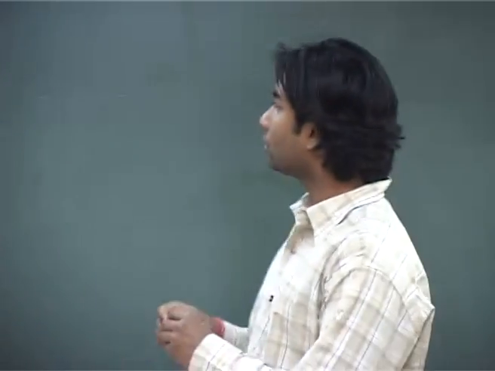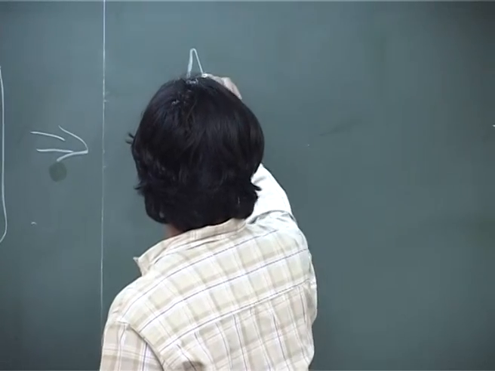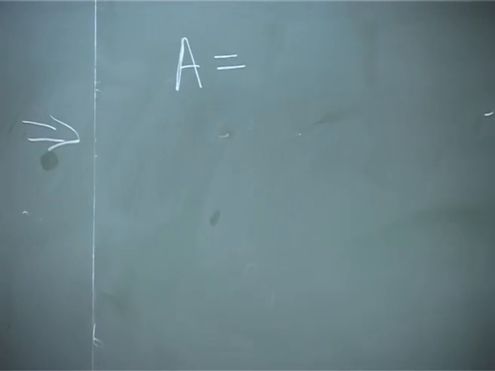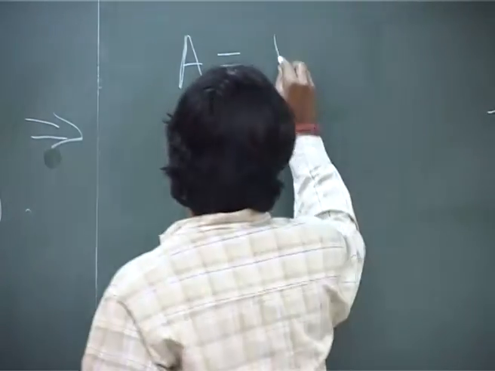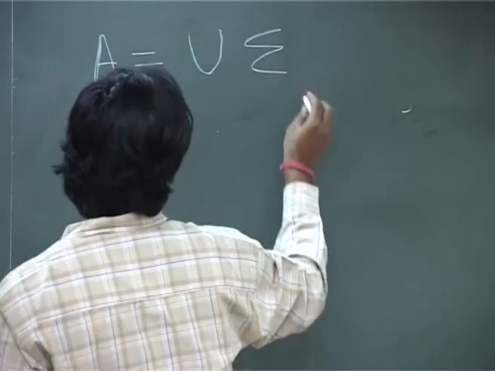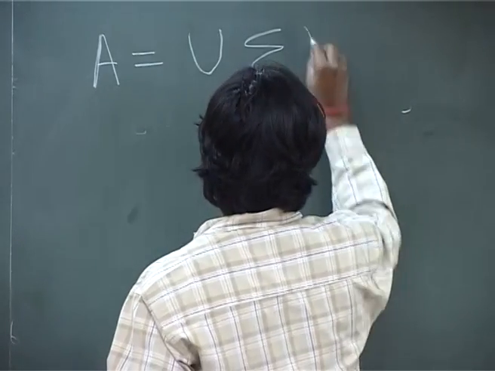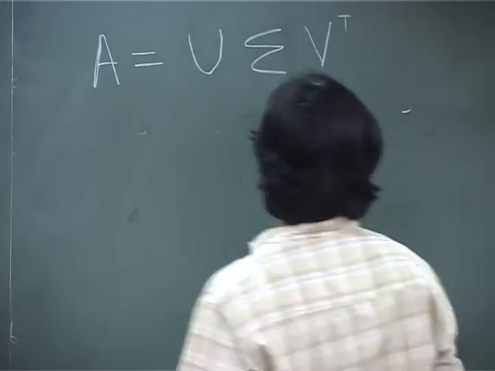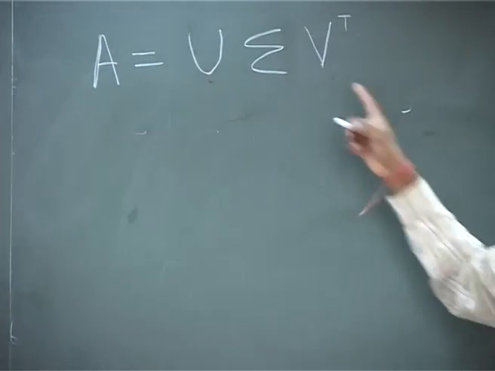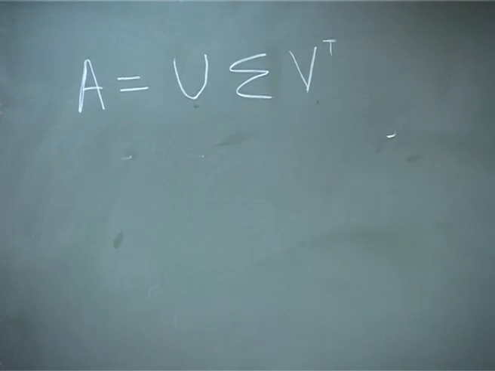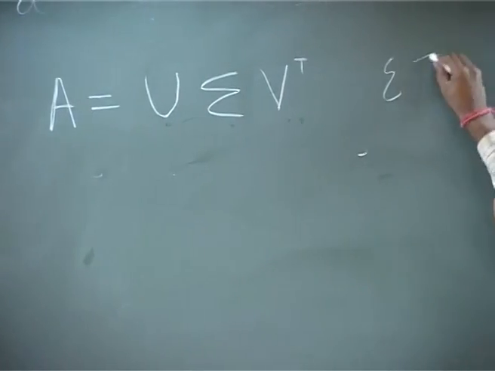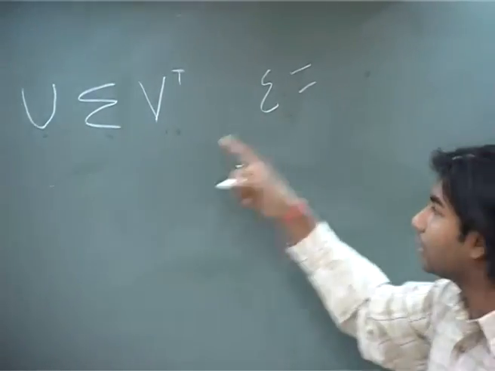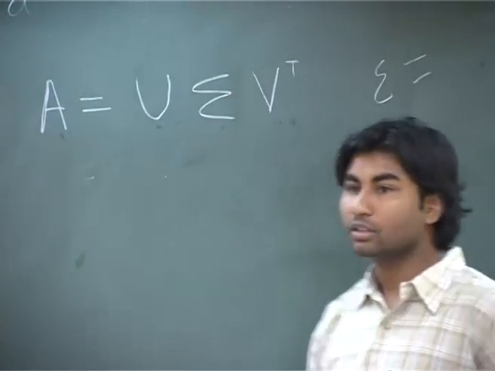This matrix is converted into its singular value decomposition, U, sigma, and V transpose. U and V are orthogonal matrices. Orthogonal means U transpose U equals 1. And this sigma contains the singular values of this matrix.